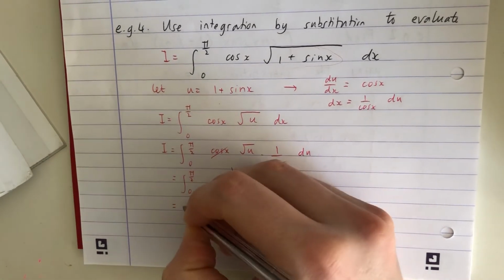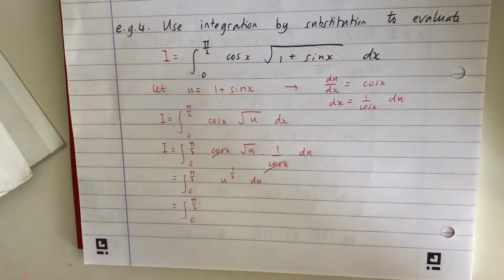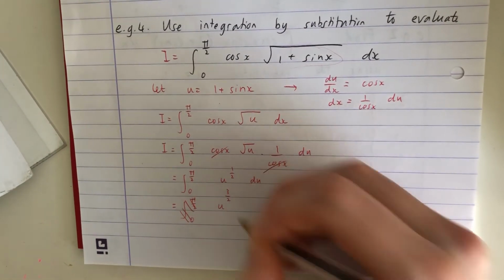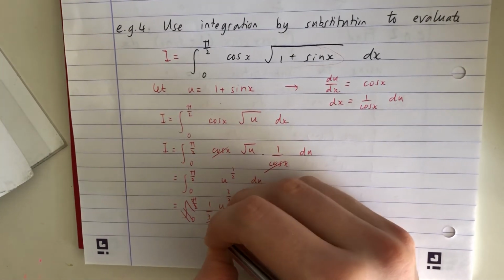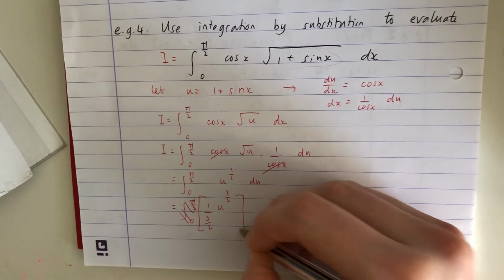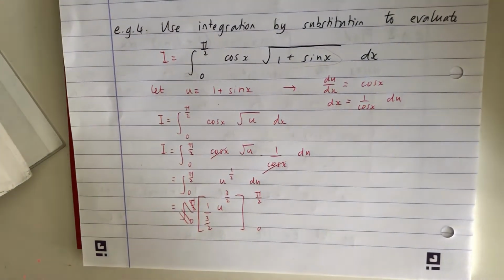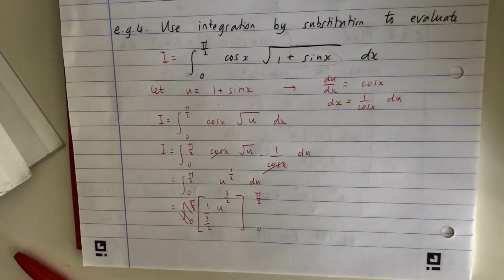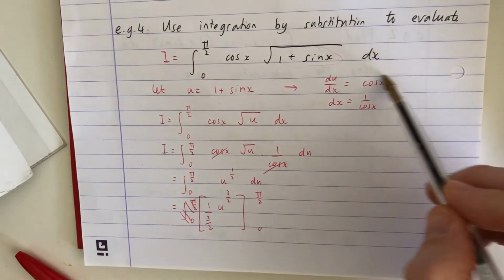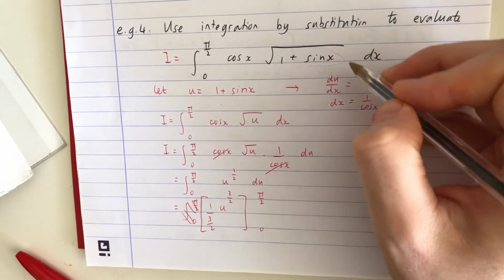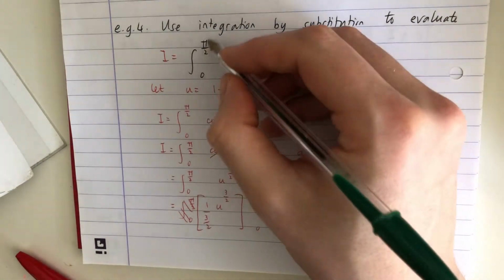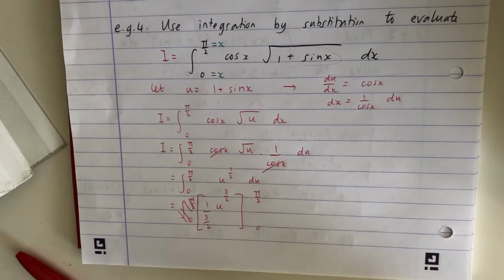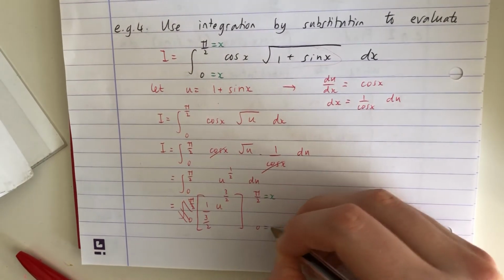So let's keep going. Integrate between 0 and pi by 2. Add 1 to the power, divide by the new power, and that's between 0 and pi by 2. But this is where you're likely to make a mistake. In this initial integration, everything had x's, which meant the limits were actually x's. And at the moment, these limits are still x's.